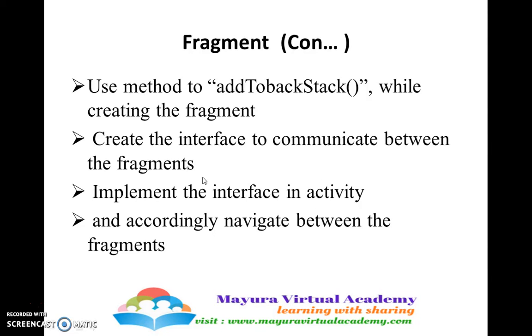Whenever you perform some operation, such as clicking on some item in fragment A, you send the data to that interface method, and in the activity we will be implementing that interface method based on the data that we get. We'll be navigating according to the business logic, which we'll see through an example.